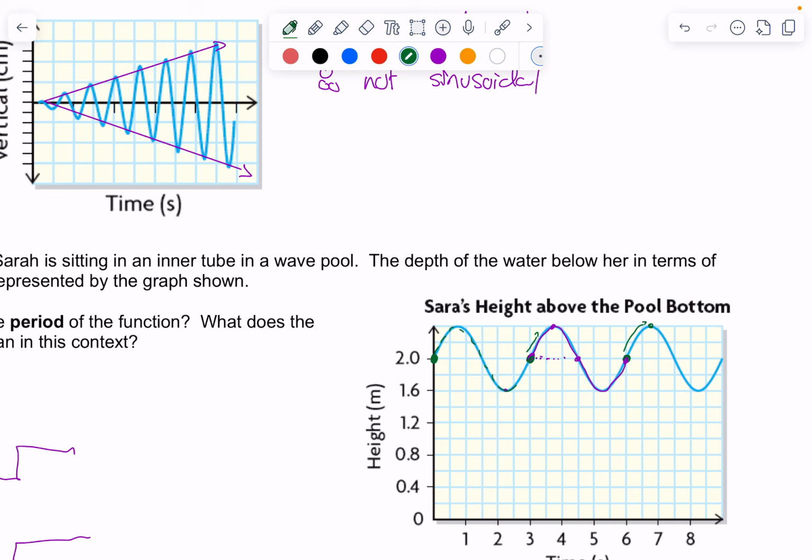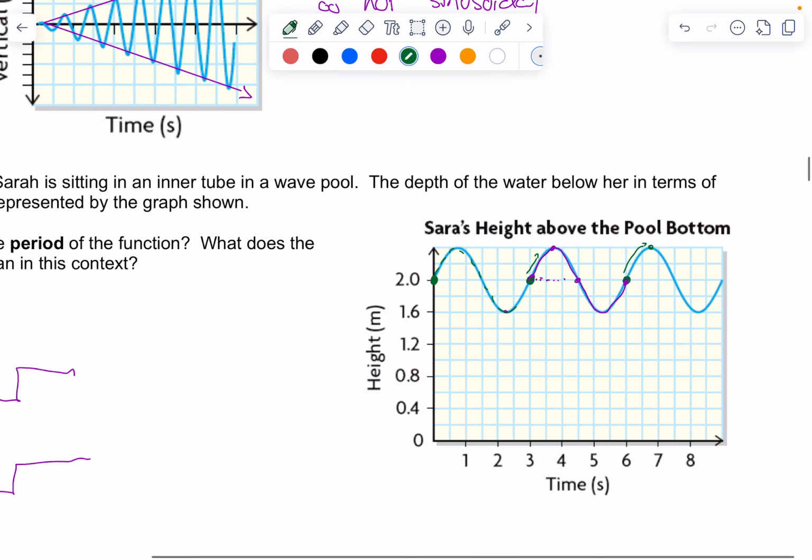It doesn't matter where you decide, as long as you're going from the same point to the same point. So actually, why not? Let's just use this one. It makes our life easy. The second one I drew. Well, how long did that take? How long does it take to go from here all the way to here? This is one period.